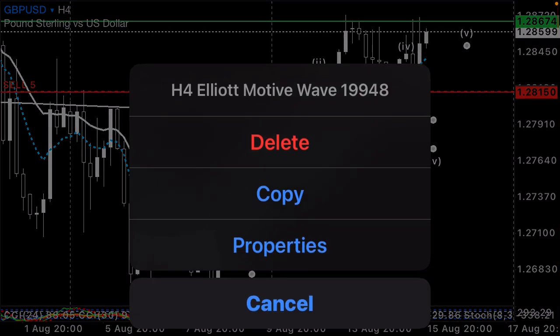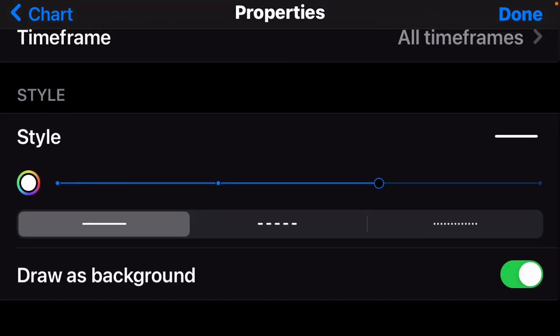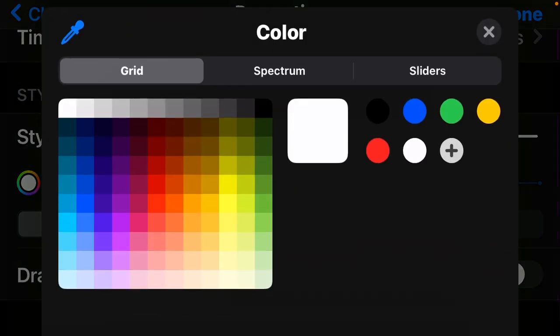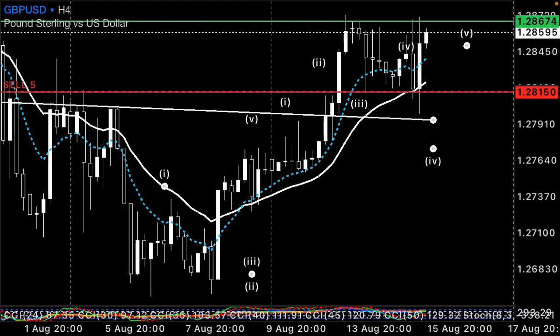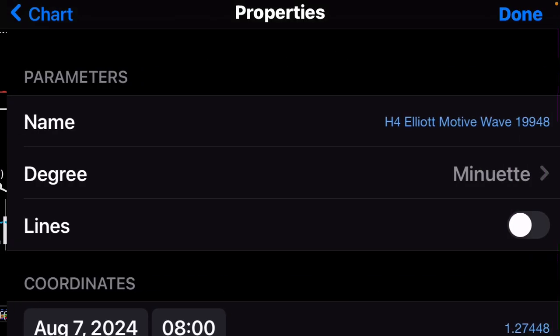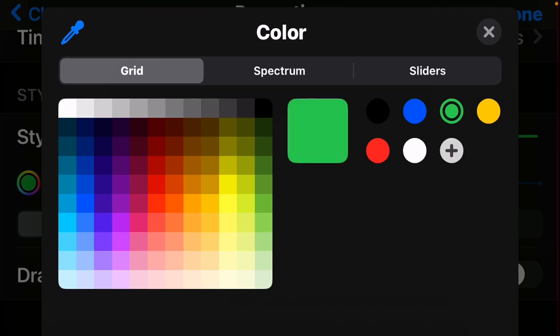So get the color on these different. Let's see what blue looks like. Actually, go with green.